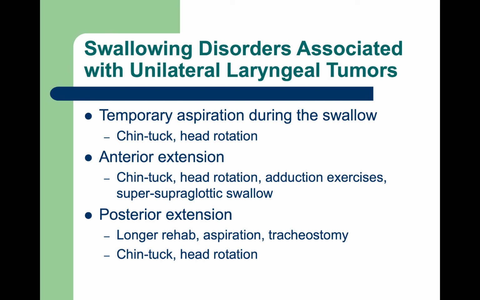In many instances, however, the procedure must be extended anteriorly or posteriorly when you have unilateral laryngeal tumors. So with an anterior extension, if the tumor is located in the anterior portion of the vocal fold, the resection may involve the anterior commissure of the larynx or even the other vocal fold. So if it includes the anterior commissure or potentially that additional vocal fold, this might be considered a 3/4 laryngectomy.